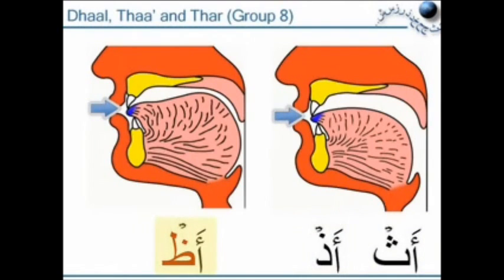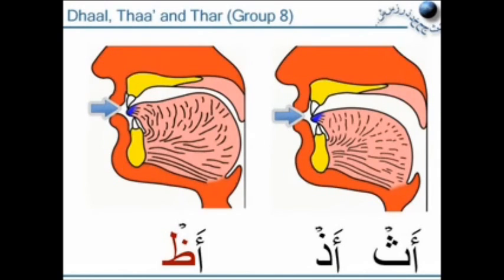Now the dha again is tafkhim, so you have to lift the back of your tongue to give the heaviness sound. So again it's ath, adh, and aldh.